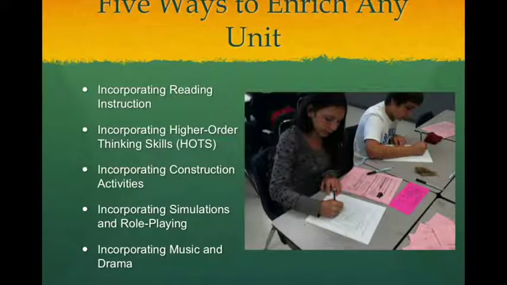It puts them in the role of a settler going from Missouri out to Oregon and all the trials and tribulations that they go through. That's a type of simulation too, and it can be very important to a student's understanding of the difficulties sometimes faced and why people in the past made the decisions they did.